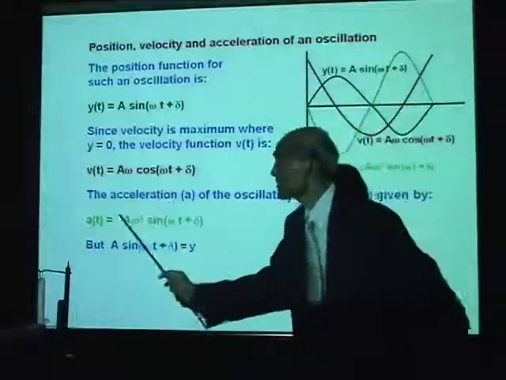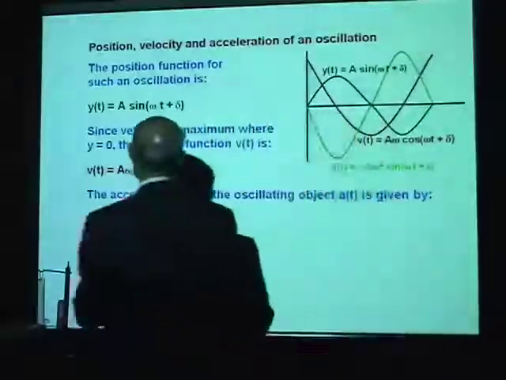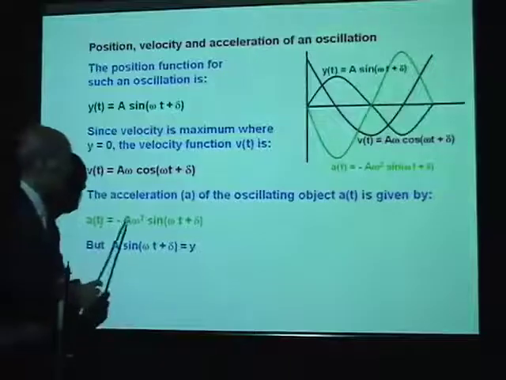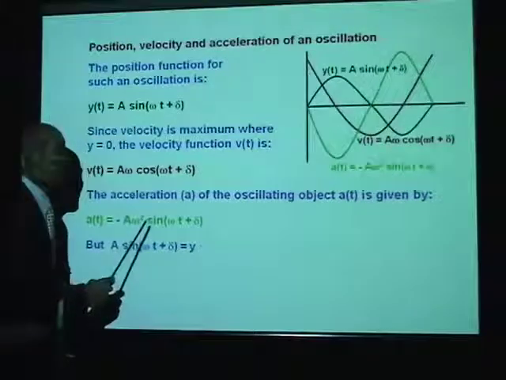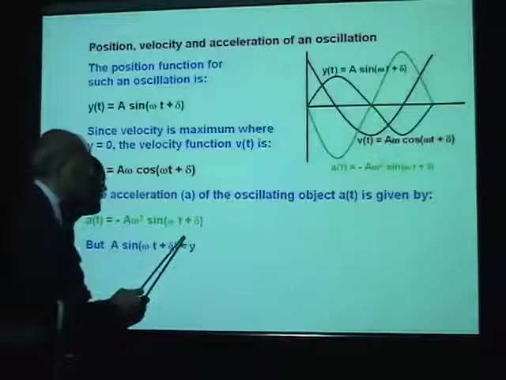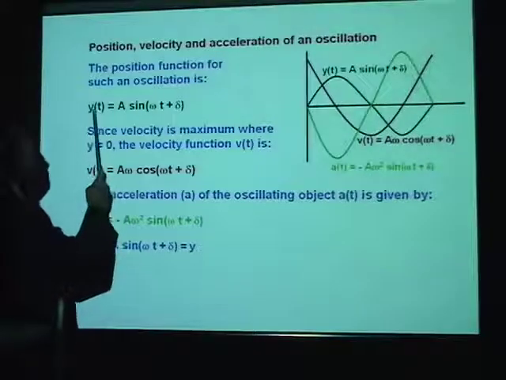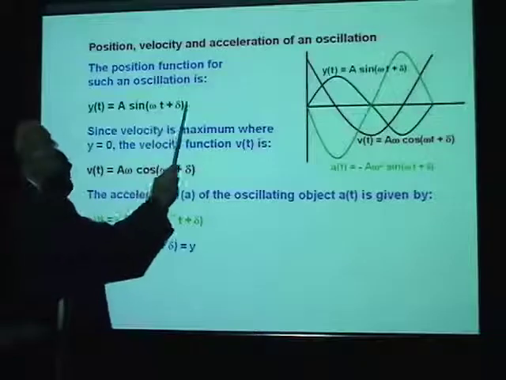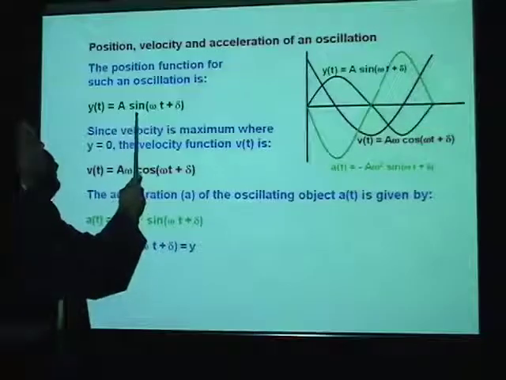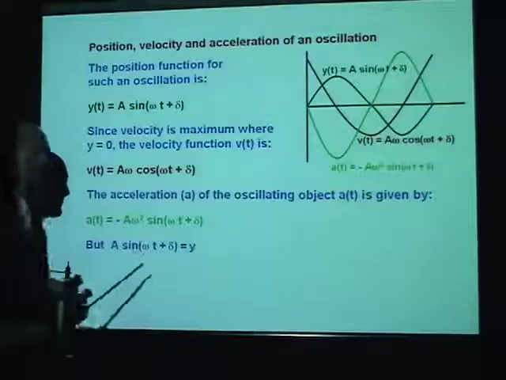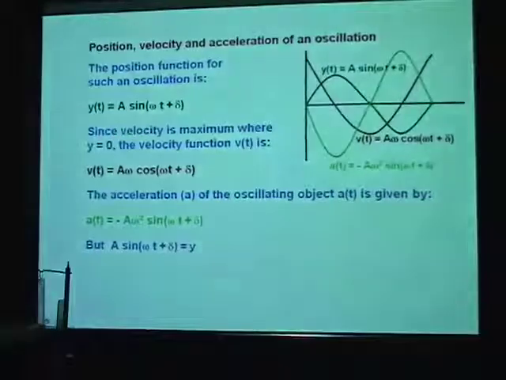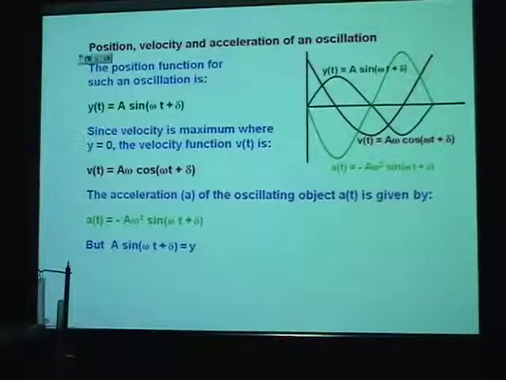But look at the acceleration equation. I want you to watch this carefully. a of t is negative a omega squared sine omega t plus delta. But look at the equation for y of t. y of t is a sine omega t plus delta. Let me go over and try and see if I can write it there.